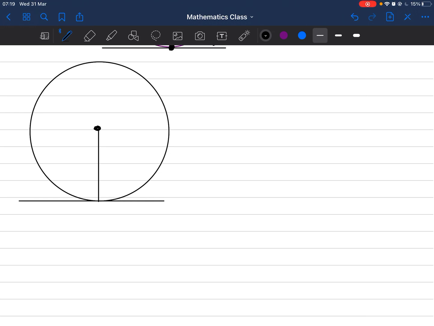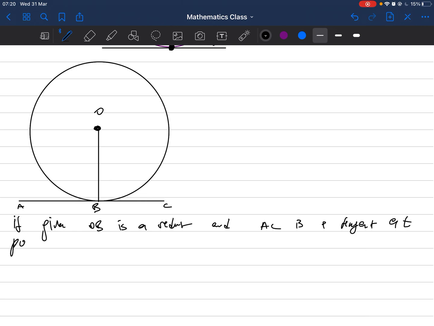Let's call this A, call this B, let's call this C, and let's call the center O. If given OB is a radius and AC is a tangent at point B, so the tangent touches at point B, then your result will say that the radius is perpendicular to the tangent.